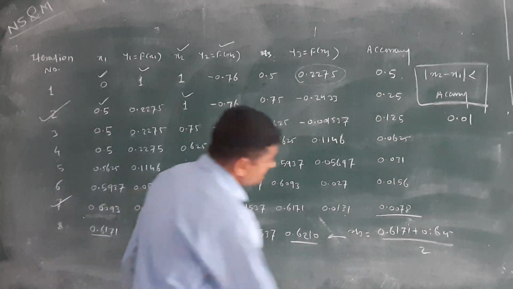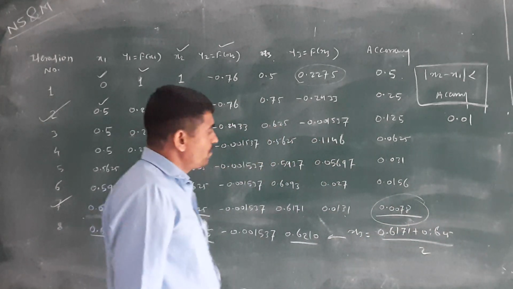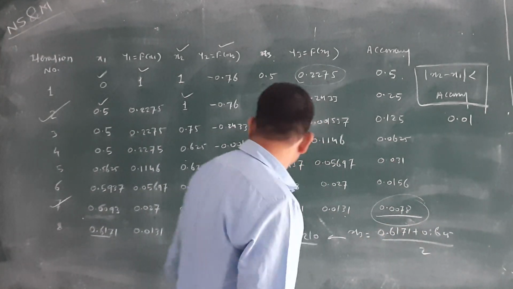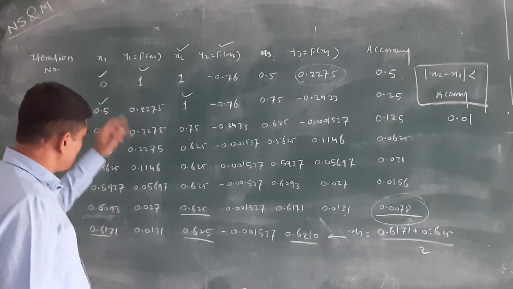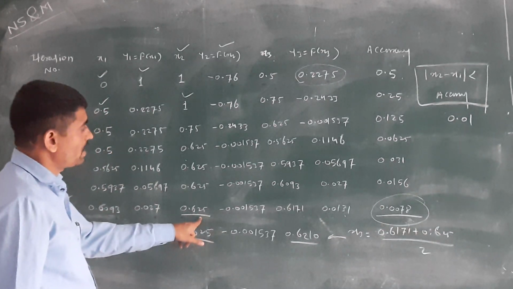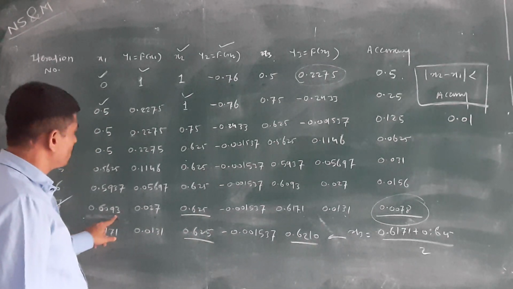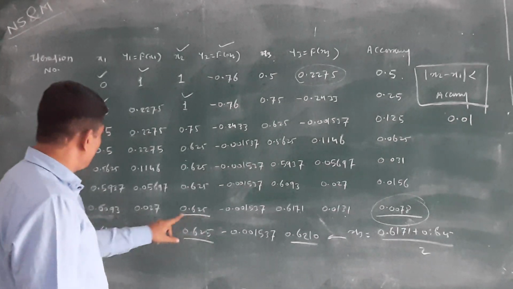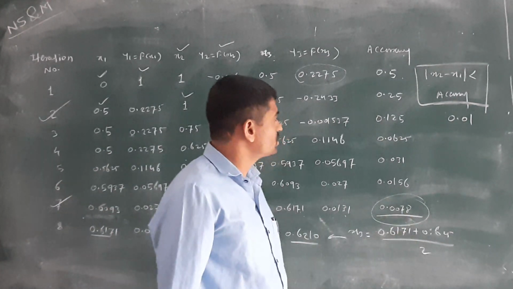But if you check the accuracy in iteration number 7, what is the accuracy we have? How to calculate that again? Mod of x2, where x2 is 0.625, minus x1, which is 0.6093. When you subtract, you get the accuracy 0.0078.